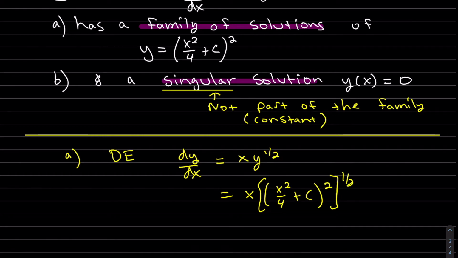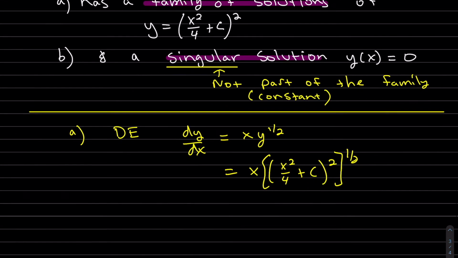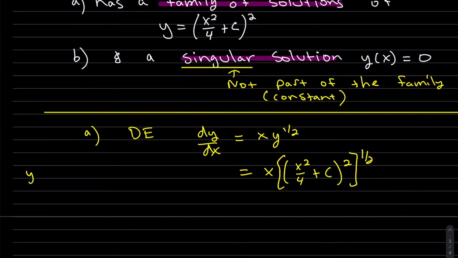See that? This is y, and they're both to the half power. On the left side, we need to plug in for dy dx. Well, we have y equal to x squared over 4 plus c, quantity squared. So in order to plug in dy dx, we just take the derivative of our solution to find dy dx.